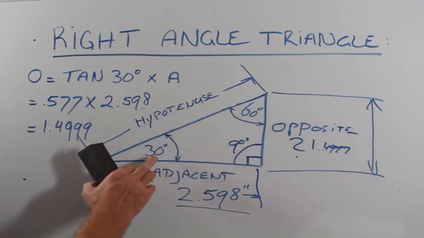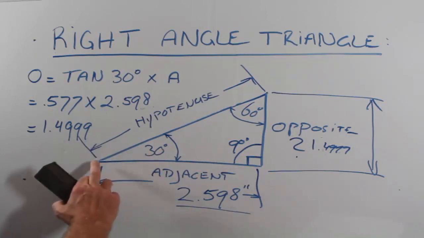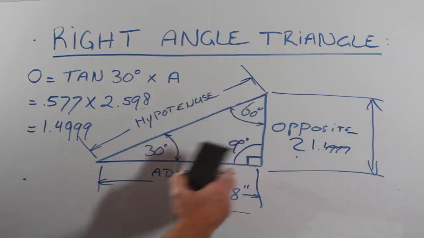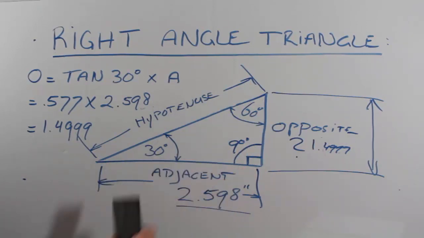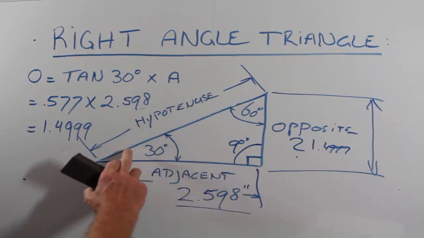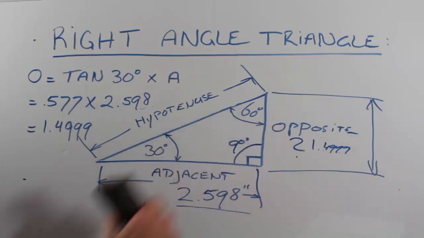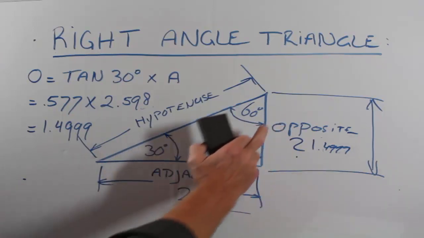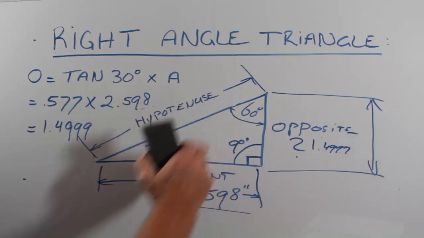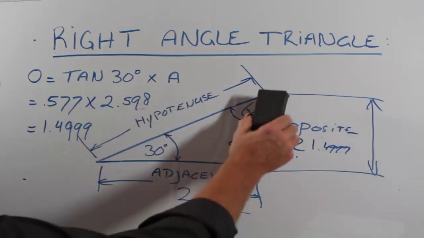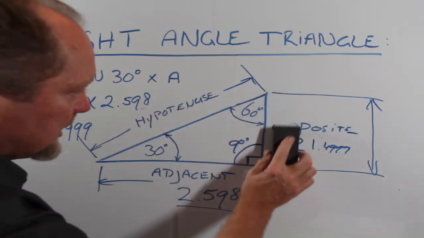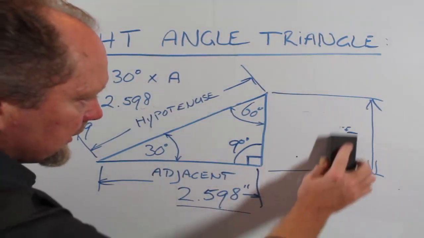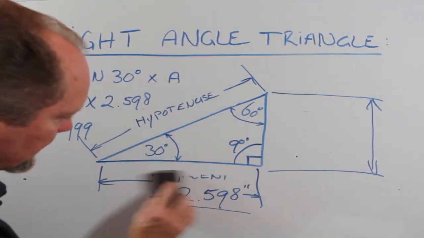When we were using the 30-degree corner, this leg, which is attached to the 90-degree angle, was the adjacent leg, and opposite of this corner was the opposite leg. Now if we're going to be using the 60-degree corner, then this becomes the adjacent leg of that corner. So we're going to erase all this.